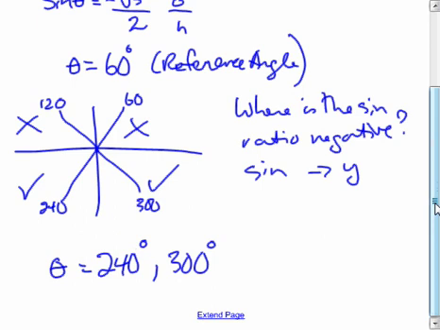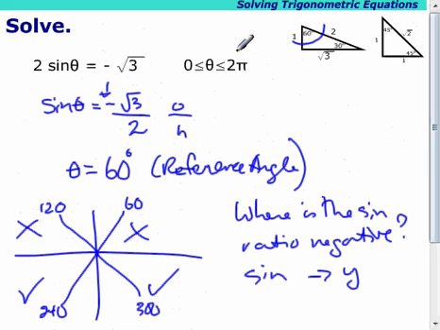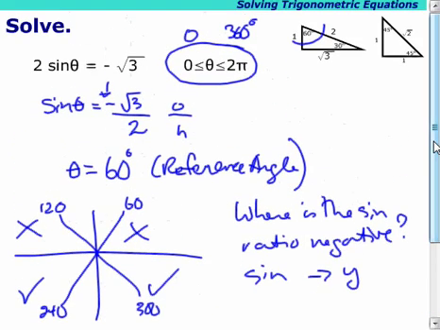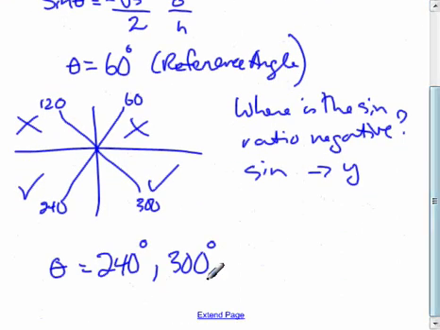Now, one thing that I didn't talk about earlier was that this question gave me a restriction as to what the domain or what values of theta I could use. And it said I had to be restricted between 0 and 2 pi, or between 0 and 360 degrees, which I am. But in the question, if they indicate that my domain is 0 to 2 pi, typically that says that my answers to the question should be expressed in radians.